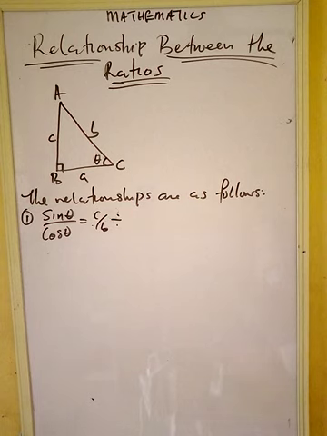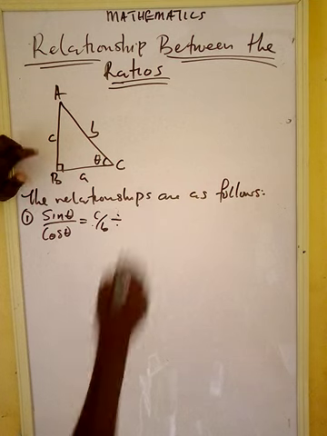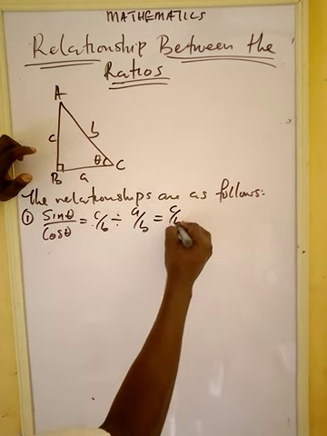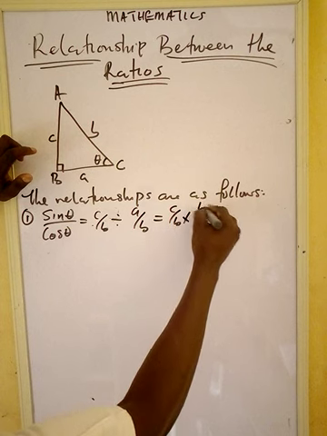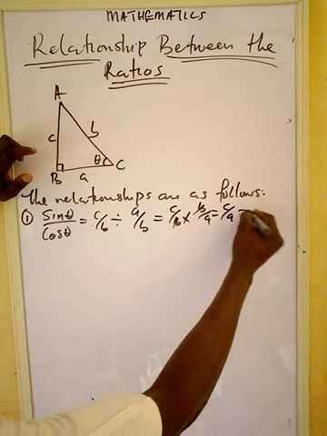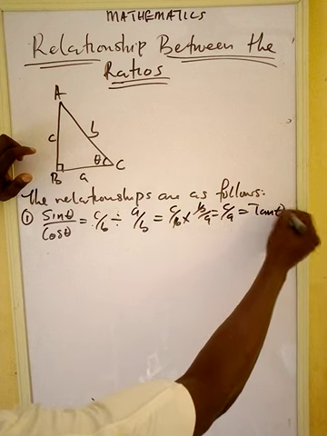Our cos theta, adjacent over hypotenuse, is a over b, which is the same thing as c over b times b over a. The b's cancel, which gives us c over a. That is tan theta.